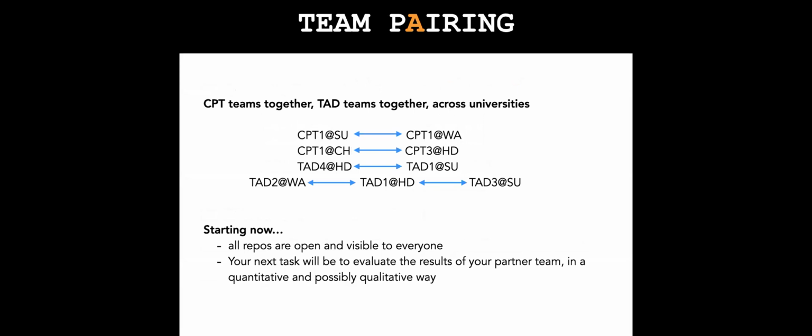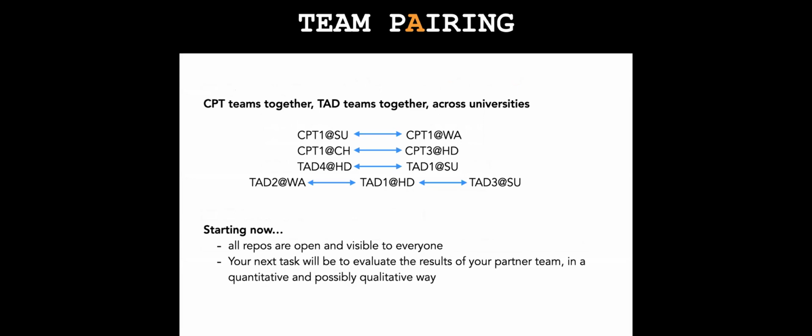Okay, so this is the pairing we propose. The idea is that there are not so many possibilities, because a pair should be two teams from two different universities addressing the same challenge. So we changed the initial idea we had of defining a combined challenge.